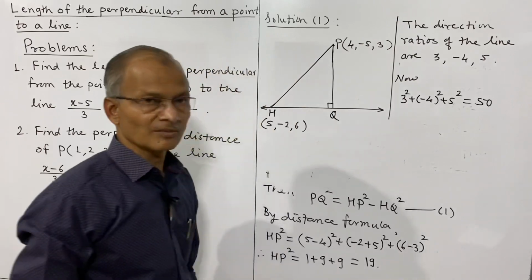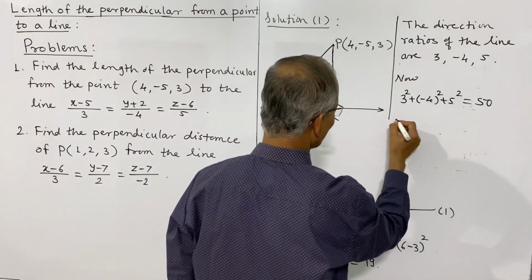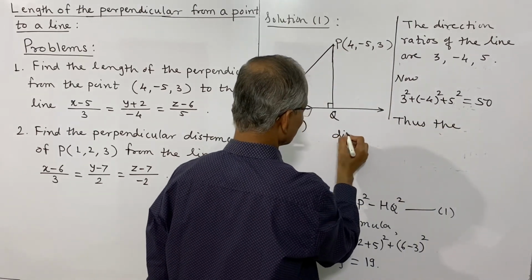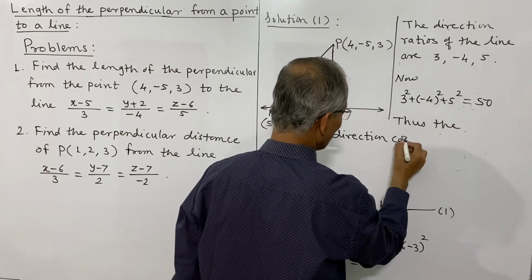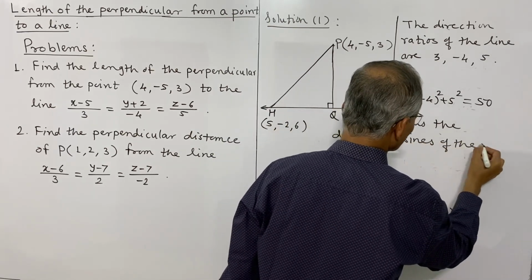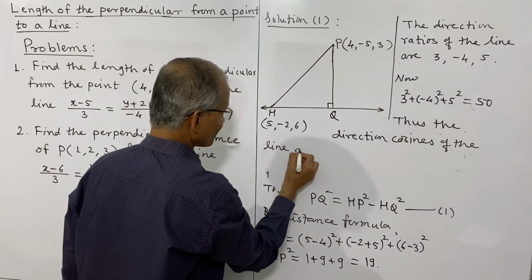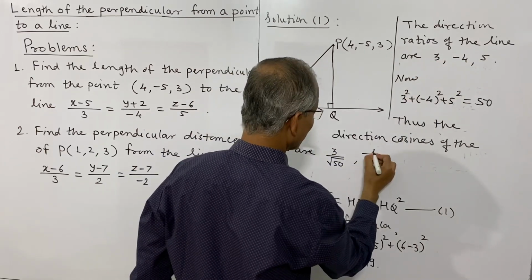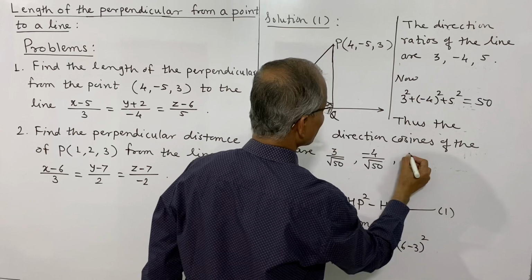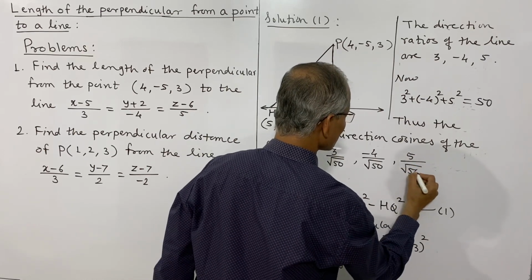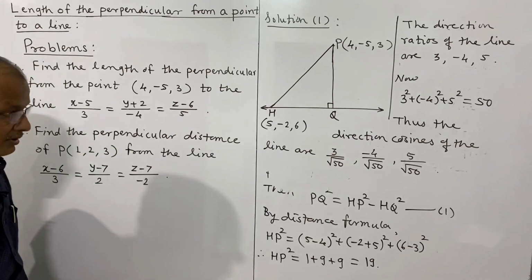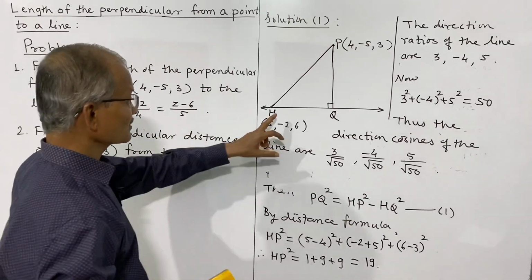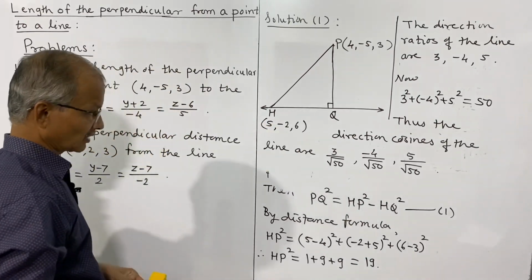Therefore we divide by root 50, and the direction cosines of the line are 3 divided by root 50, -4 divided by root 50, and 5 divided by root 50. Now what we need is the distance HQ, which is the projection.